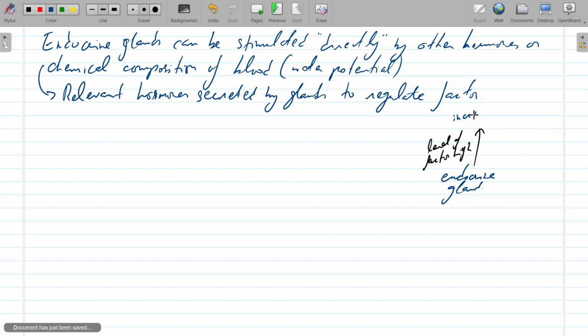So increase in hormone secretion, and that would decrease the level.